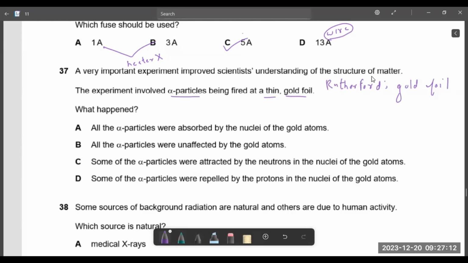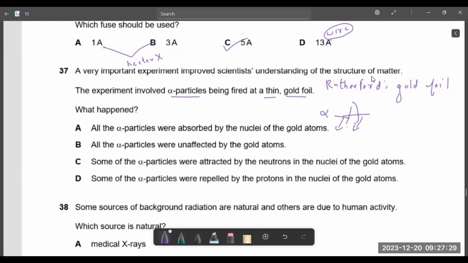The observation was that while most of the alpha particles pass through the foil, some of them were deflected at large angles.